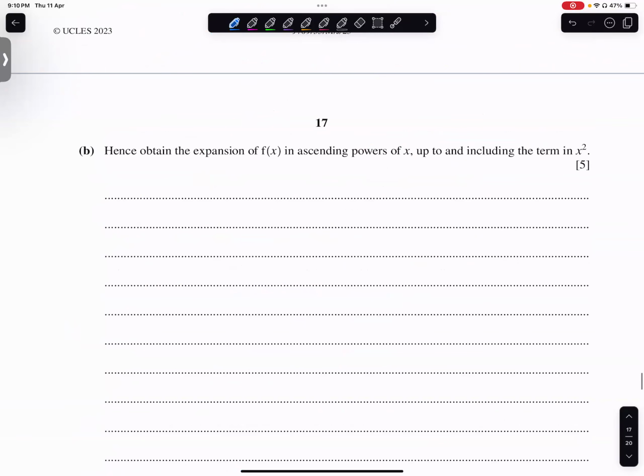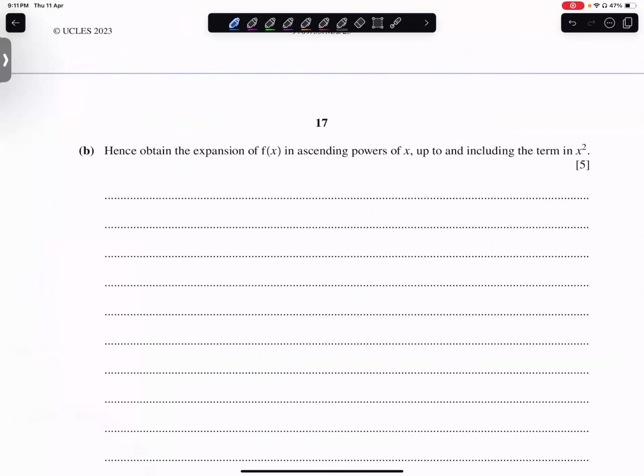Now hence obtain f of x in ascending powers of x. Student, you know that partial fraction comes with either integration or with the binomials. In the previous paper we solved it with the help of integration, and in this paper the examiner has connected both things together, binomial and partial fraction.